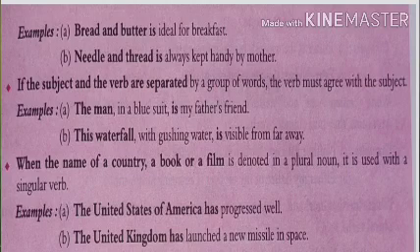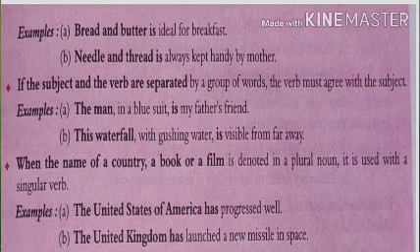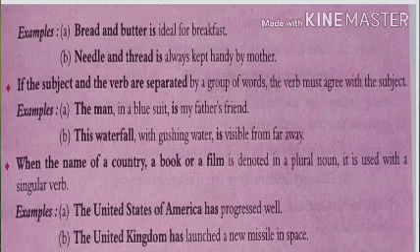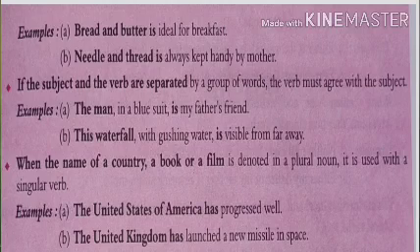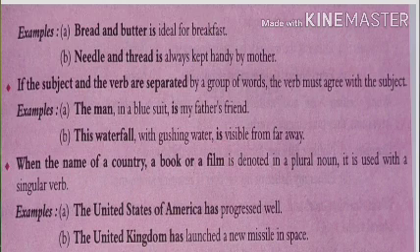Needle and thread is always kept handy by mother. If the subject and the verb are separated by a group of words, the verb must agree with the subject. For example, the man in a blue suit is my father's friend. The man, about the man, which man?